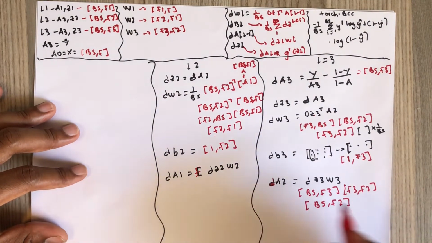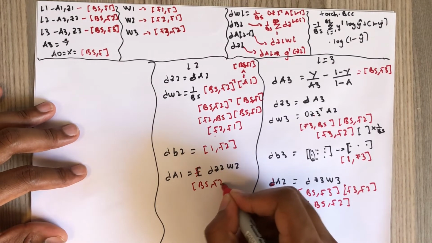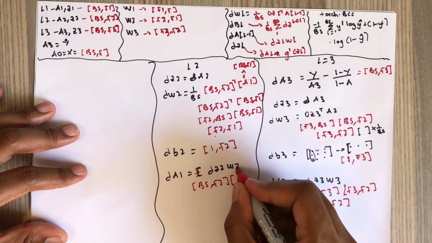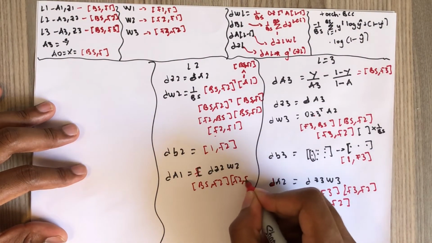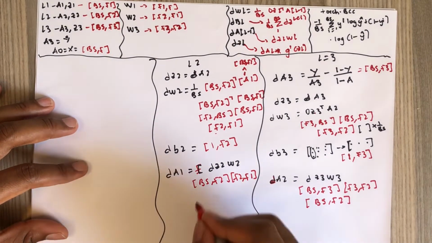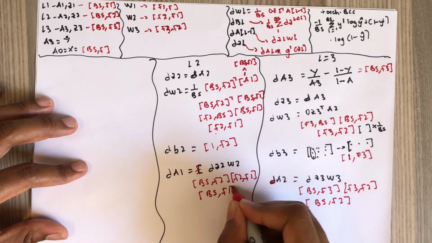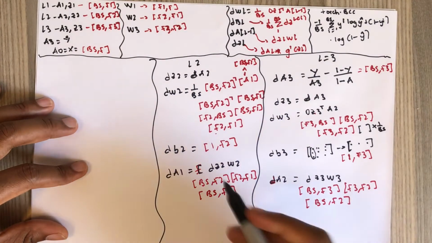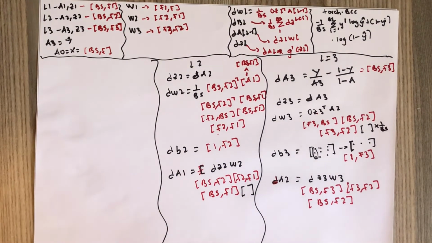The dimension of dz2 is bs by f2. w2 was what? This f2 by f1. Then you end up with a tensor of bs by what? f1. Well, don't forget again, this is a tensor. Okay, then we move on to the last layer.